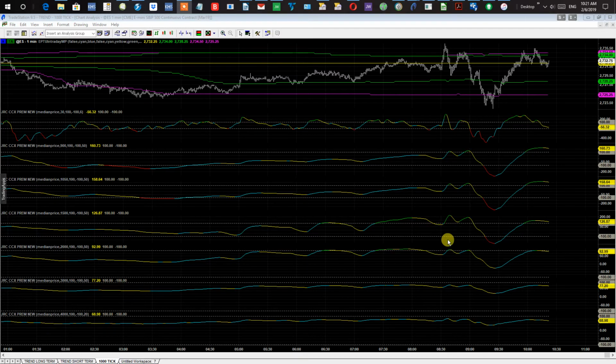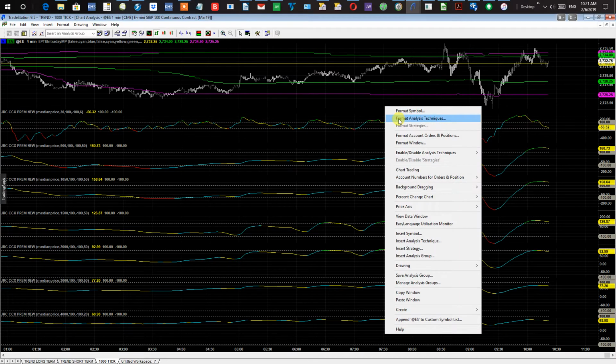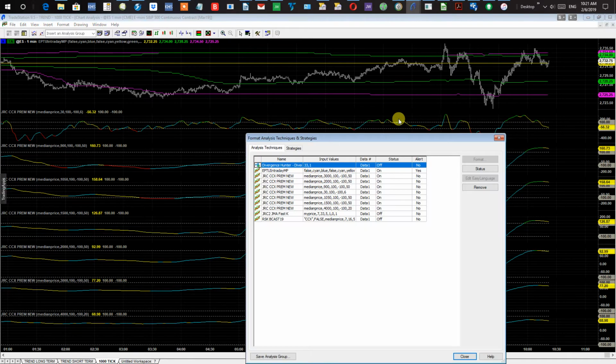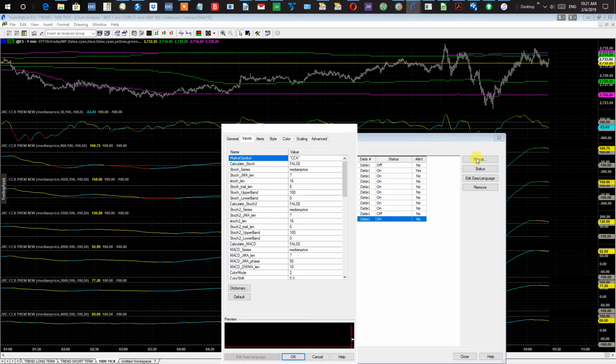And in what way did I use that? Here's what we do. We set up a strategy that specifically requires that this setting on the CCX be above 100.